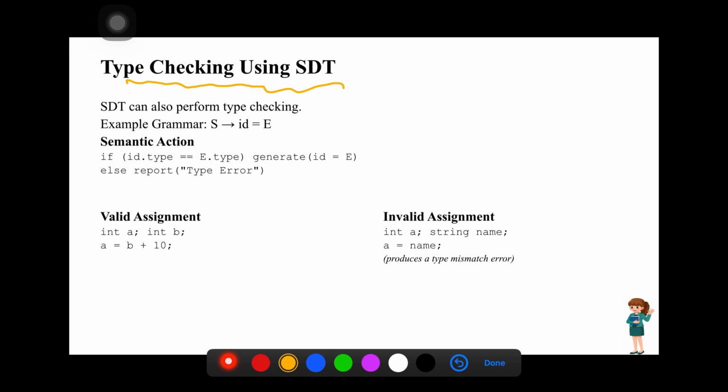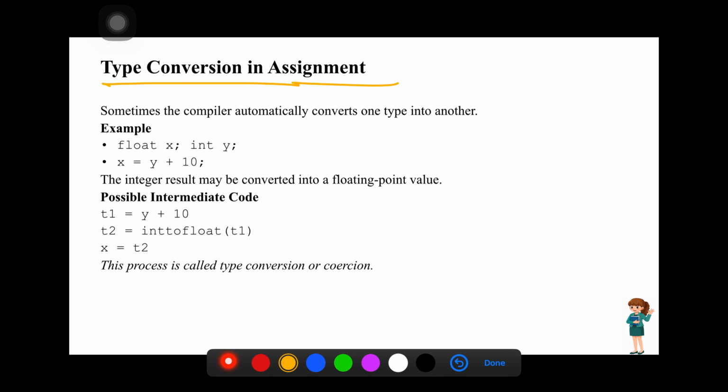Type conversion in assignment. Sometimes the types are different, but assignment is still allowed through type conversion. For example, float x, int y, x equals y plus 10. The expression produces an integer result.